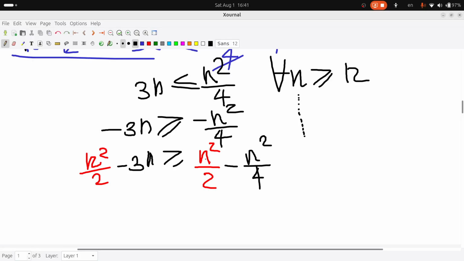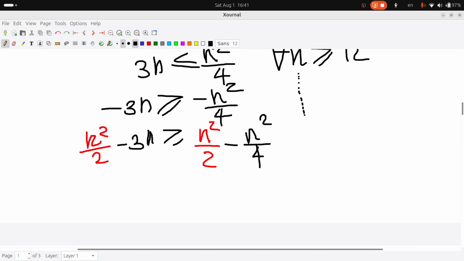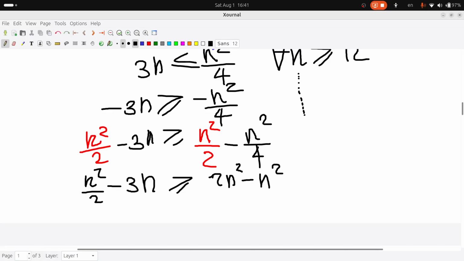And we combine these two equations. So it will be n squared. This remains the same. This will be 2n squared divided by 4, that is equal to n squared divided by 4.